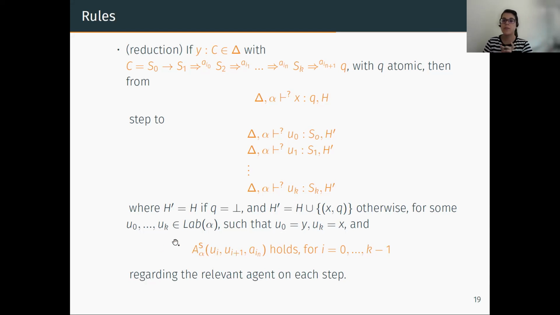So here it is very important to know which conditions the accessibility predicate complies with, because this will parameterize how this reduction rule works. Because for each of these cases, we need to ask for a label that is related with the original one.